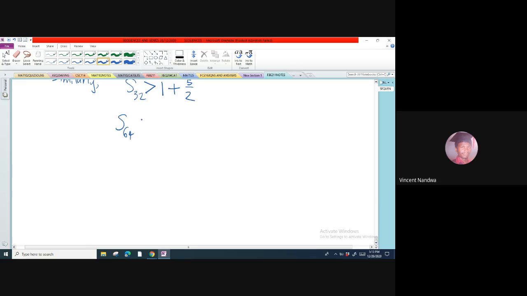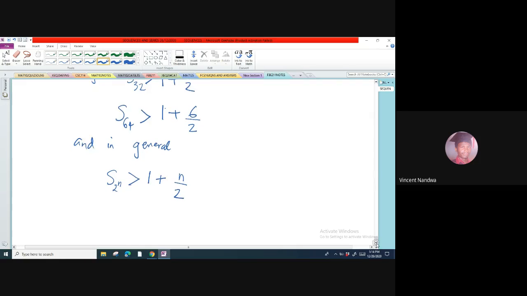S64 is greater than 1 plus 6 over 2. And in general, S2 raised to power n is greater than 1 plus n over 2.